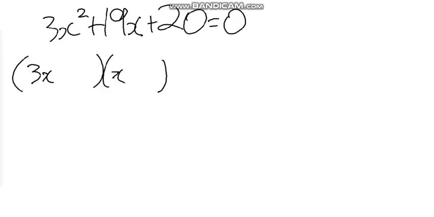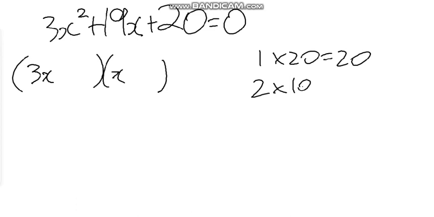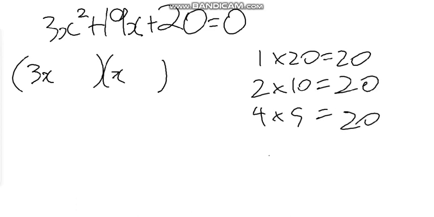Now think about what two numbers multiplied would equal 20. They come in pairs: 1 times 20 equals 20, 2 times 10 equals 20, 4 times 5 equals 20, and that's it, unless you reverse them, of course.